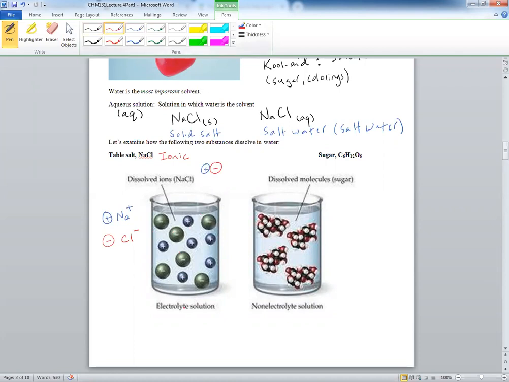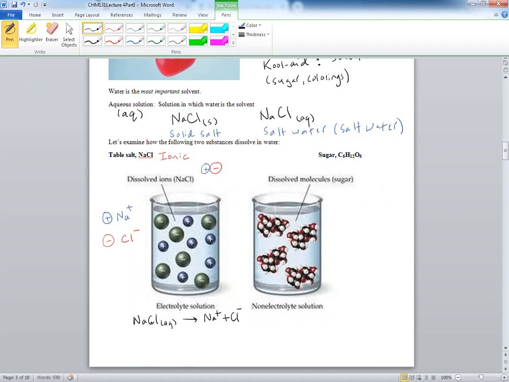So if I were to write this down, it would be NaCl(aq), after it's dissolved in water, and of course it breaks into Na+ and Cl-.